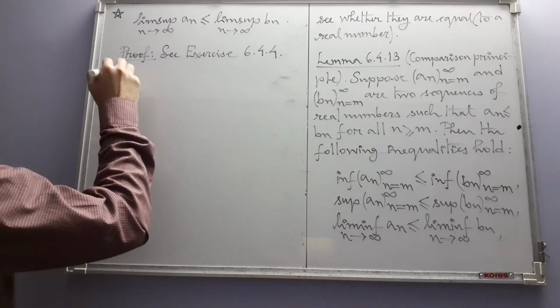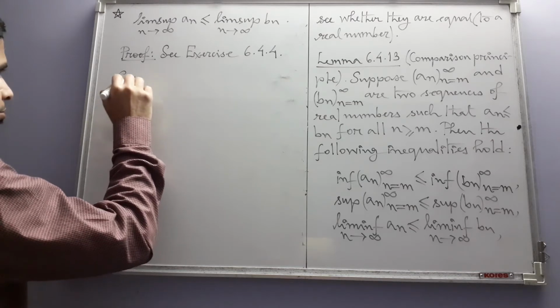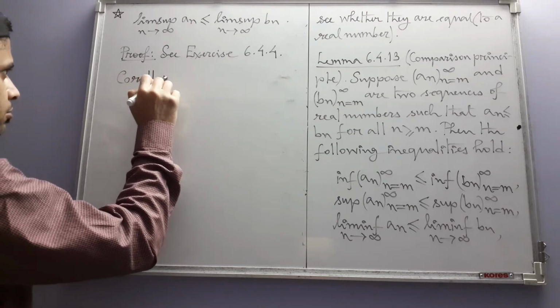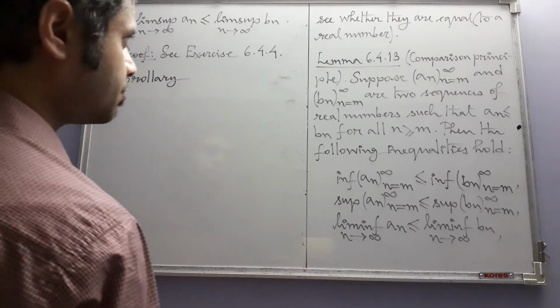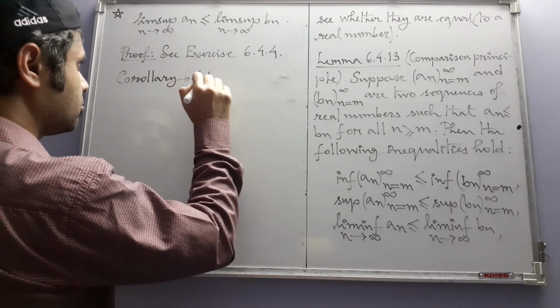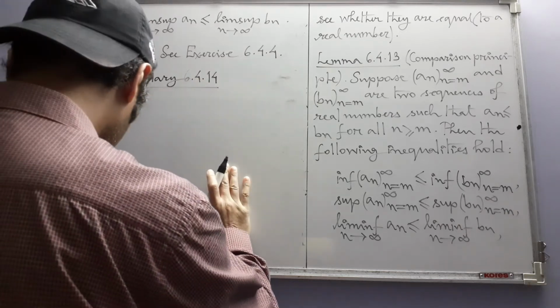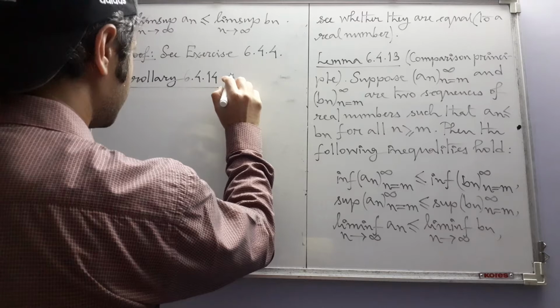Now this result has a corollary, 6.4.14, and it has a name also. It's called the squeeze test.